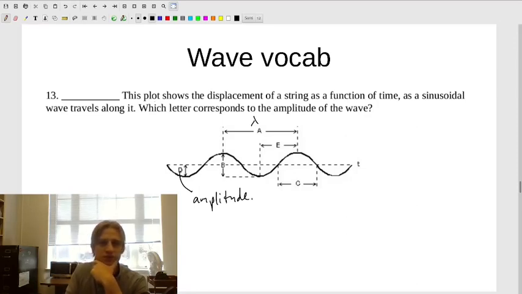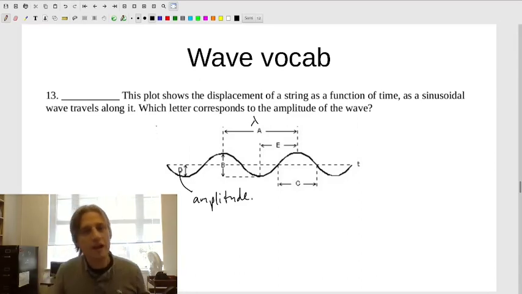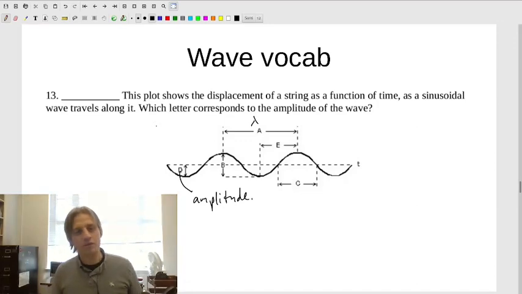So it says this plot shows the displacement of a string as a function of time as a sinusoidal wave travels along it. Okay, so that's another thing to remember, is that we had two different graphs that look really similar, but they're telling you different things.